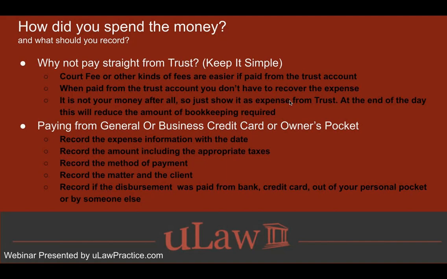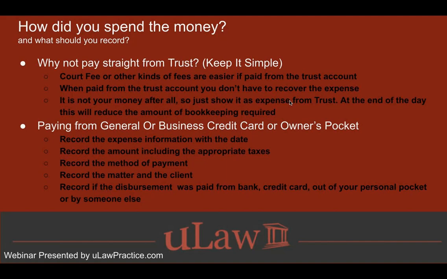You're charging the client the same amount that you incurred, which means things like court fees, any filing fees, any process server fee, anything that is paid from trust, you don't have to recover the expense here. So the best part here is you're disbursing it straight from your trust.